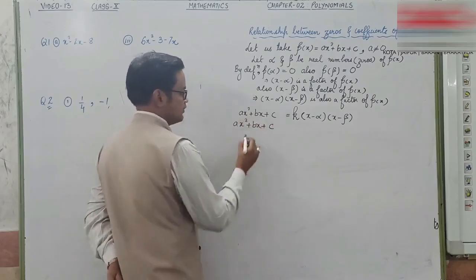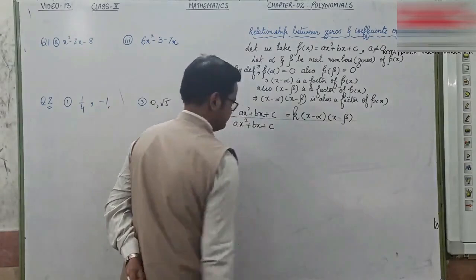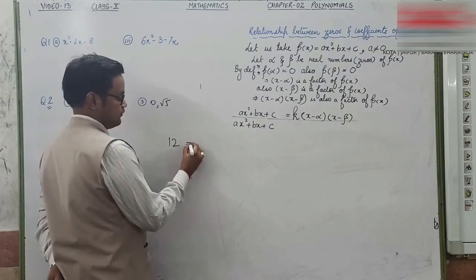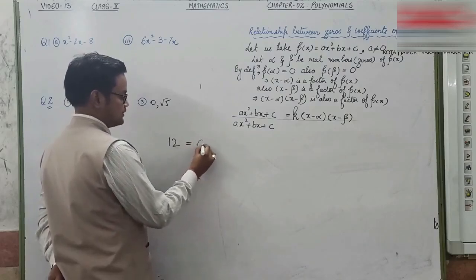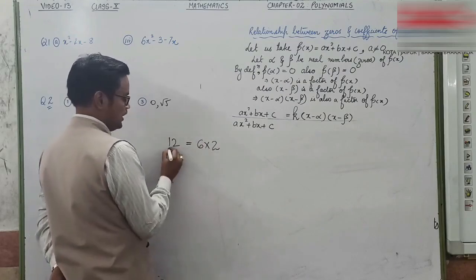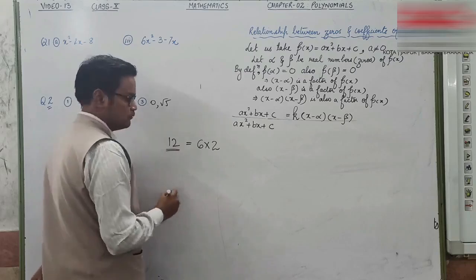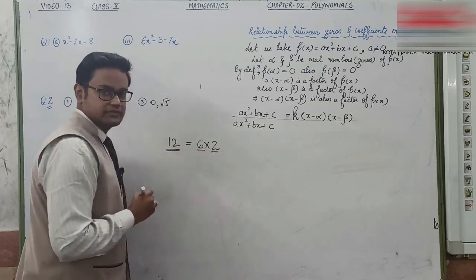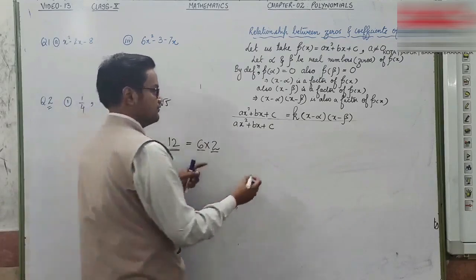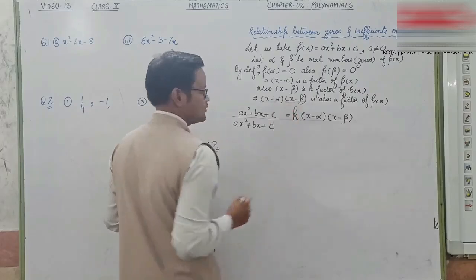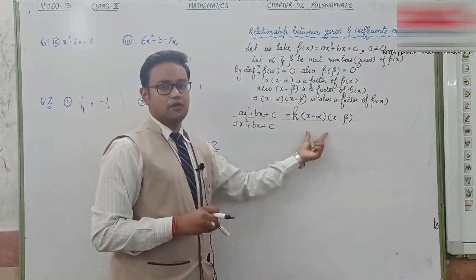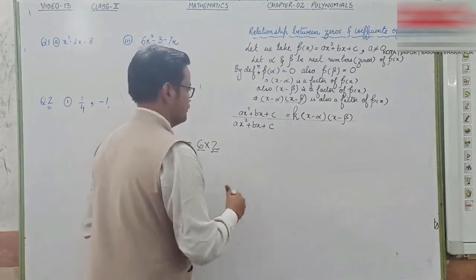Now, before proceeding further, why did I write this line, children? If I say 12 has a factor 6, 12 has a factor 2, I can break down this composite number into the product of two other numbers, right? Similarly, if I have obtained the factors of the polynomial, I can write the polynomial broken down into the product of two factors.